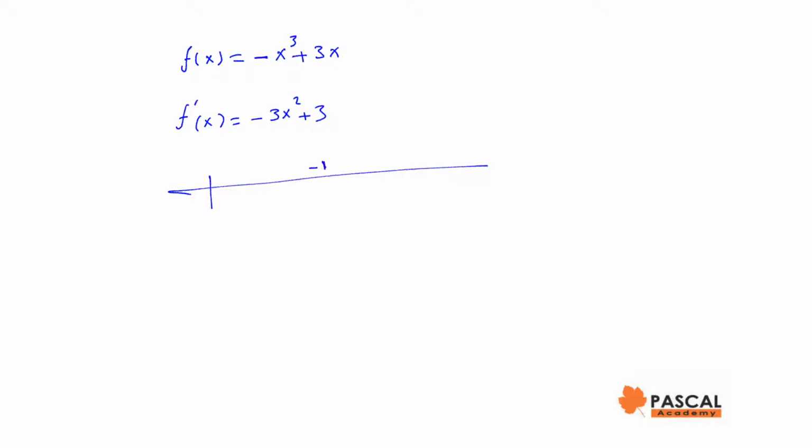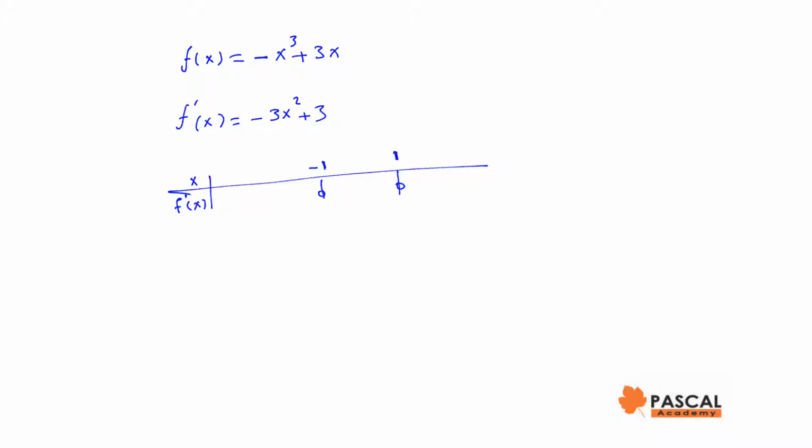Let's see when f of x equals negative x cubed plus 3x is increasing and when it is decreasing, and find any local maximum and minimum. The derivative of the function is minus 3x squared plus 3. When x is negative 1 and 1, the derivative is 0.